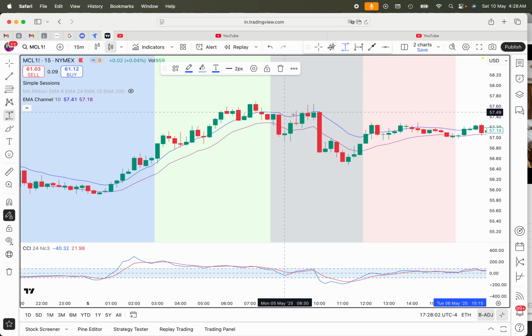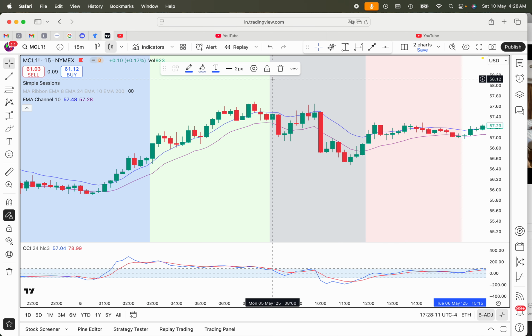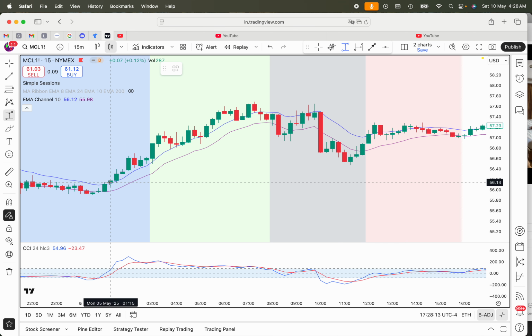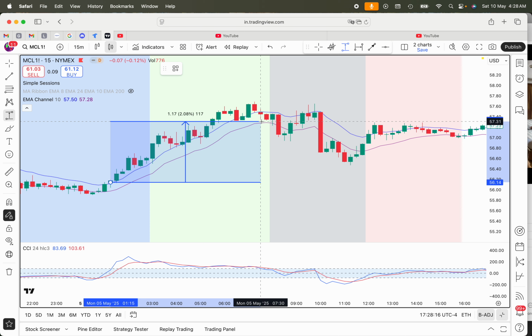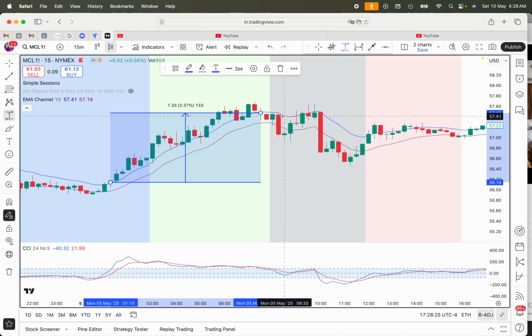In here was a really difficult trade to try and work out, and thankfully we have the CCI for that. So obviously all the way from here to, or at least to there, was a long, and then price was stuck in this channel. So you don't trade in this channel at all, you just stay out of it. And then you can see down the bottom the CCI went under the 0 line, then crossed back over the moving average.